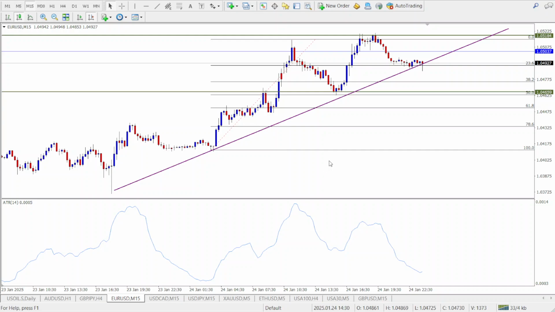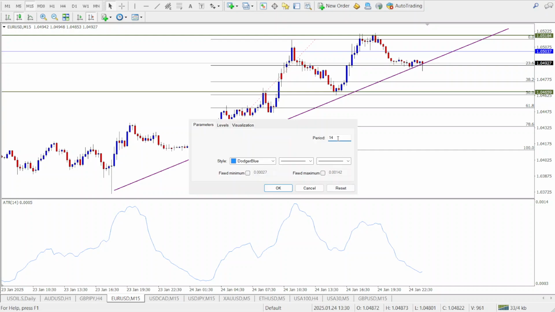You also have to adjust your ATR settings based on the time frame that you are trading. Shorter time frames might require smaller periods. In as much as the default 14 period is effective, for shorter time frames you might want to reduce this value a bit. For higher time frames, you can just stick with the default 14 period setting.